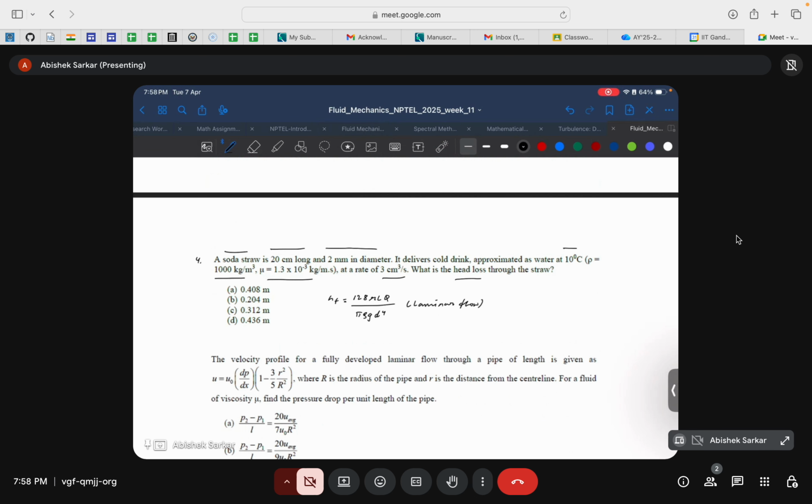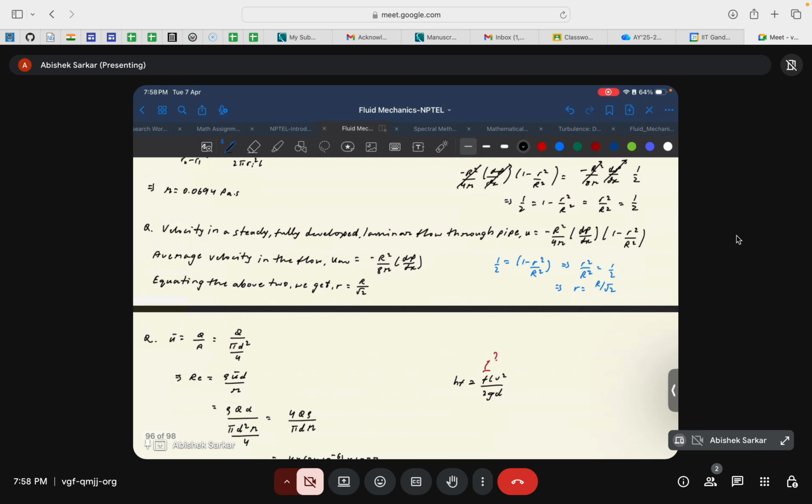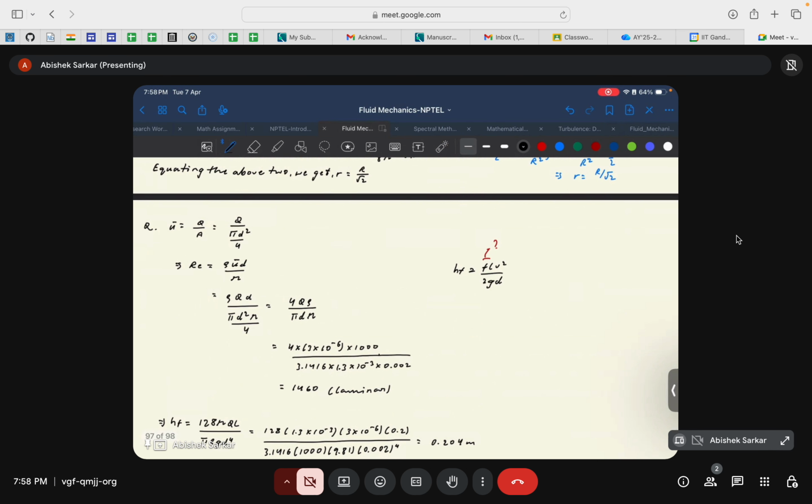First, find whether the flow is laminar or not. So we have Re as rho U average D by mu, where U average is Q by pi D square by 4.